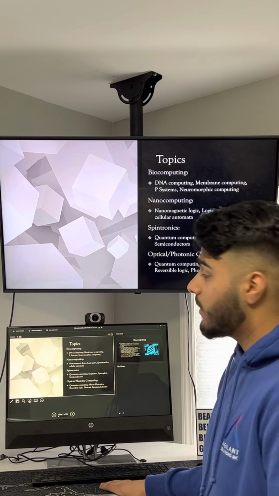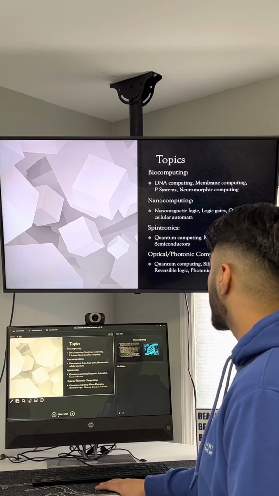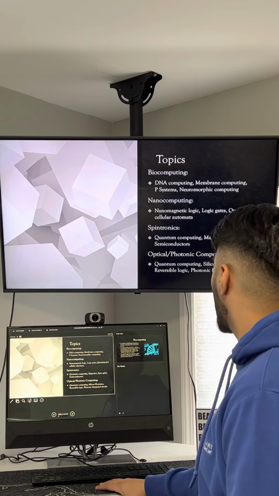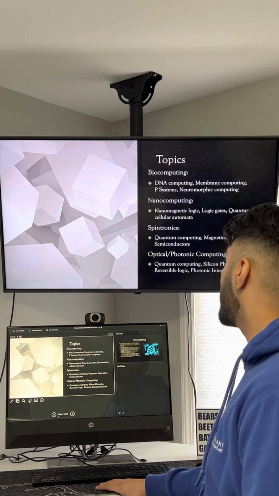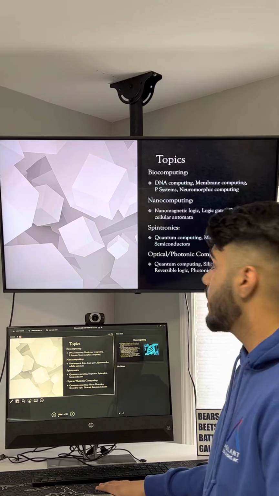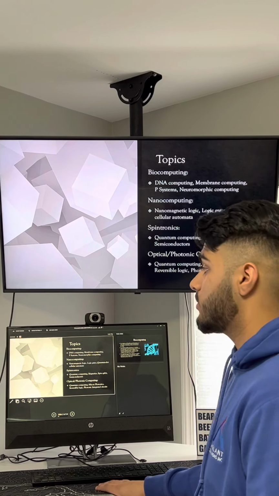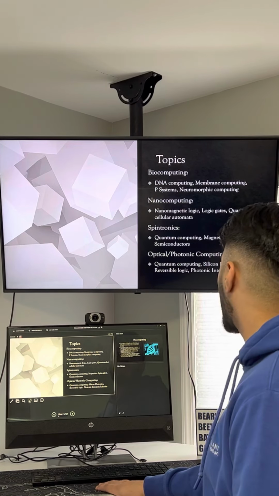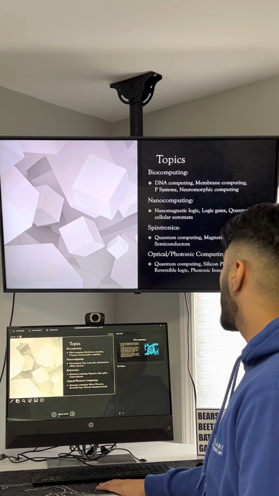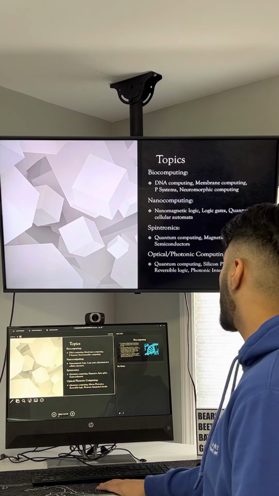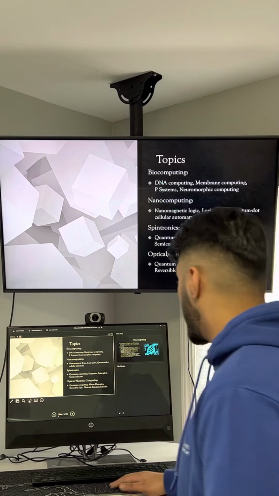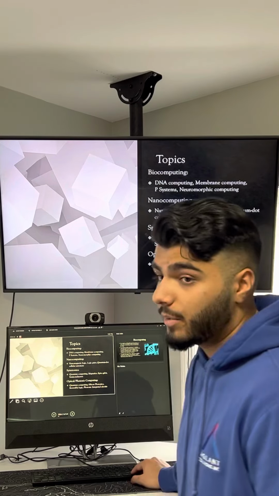So the subtopics for those. And then the main topic, which is the final one out of the 4, will be optical and photonic computing. Quantum computing will be a subsection or another part for that. Silicon photonics, reverse logic, photonic integrated circuits. Alright, so we're going to start with biocomputing.